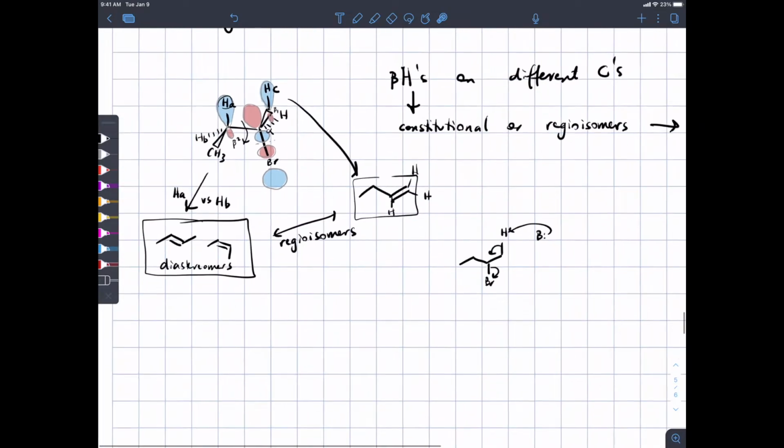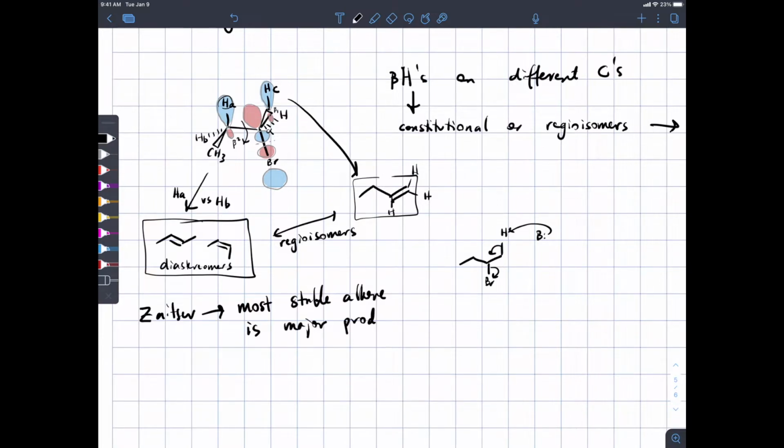Okay, so you've got two different regioisomeric outcomes. Now we have to decide which is the major one. And again, as we've discussed during the first hour, the Zaitsev rule tells you the most stable alkene is the major product, and the most stable alkene is the most substituted one.